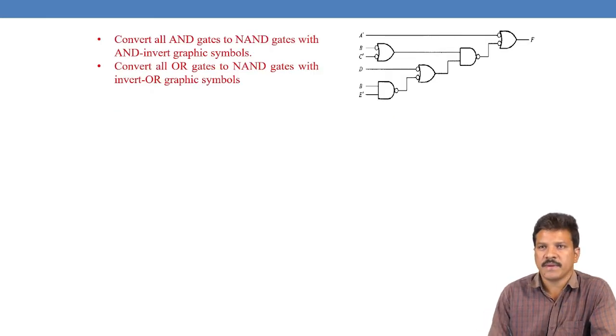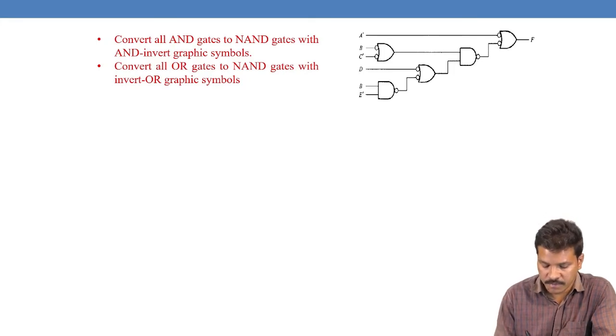Now the same diagram when we see this here, so the first one, actually it is an AND gate, so we replace that AND gate into AND with the bubble, nothing but NAND.